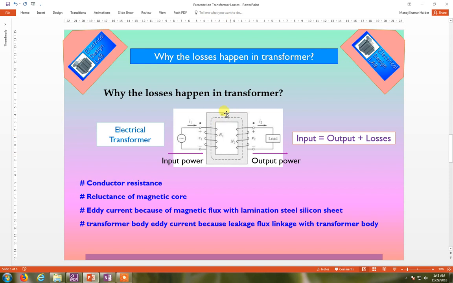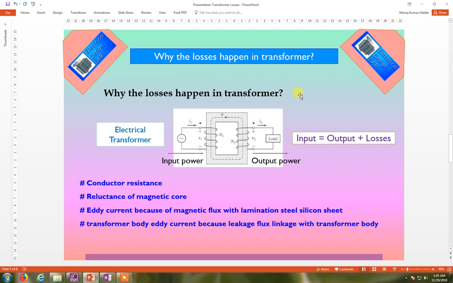Because we keep this part in a metal body, and the leakage fluxes are linked with the body, and for that reason the body, because of cutting flux, induces some voltages, and in the body a circulating current will flow, that is eddy current. So these are the reasons why losses happen in the transformer.